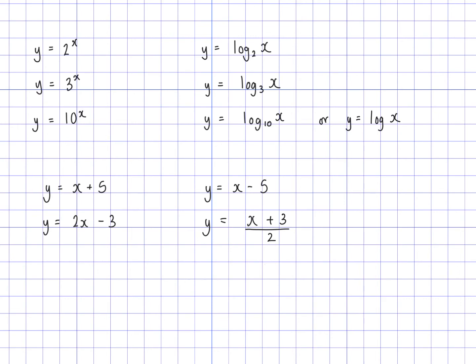Now, just for you to really hopefully see it in another way and increase your understanding a little bit more, I'm now going to change the notation as well. So I'm going to rewrite this one in function notation. That first one, I could have said here, f of x is equal to 2 to the power of x.